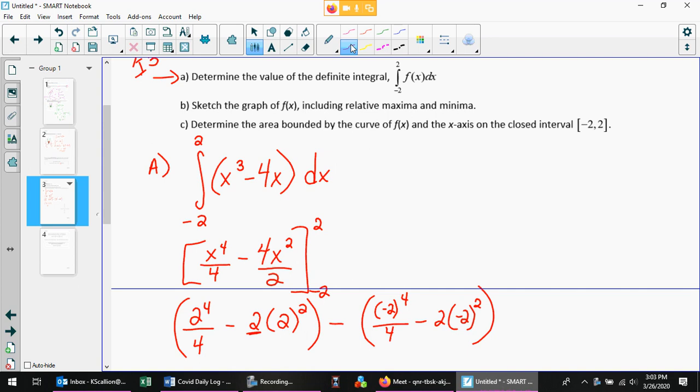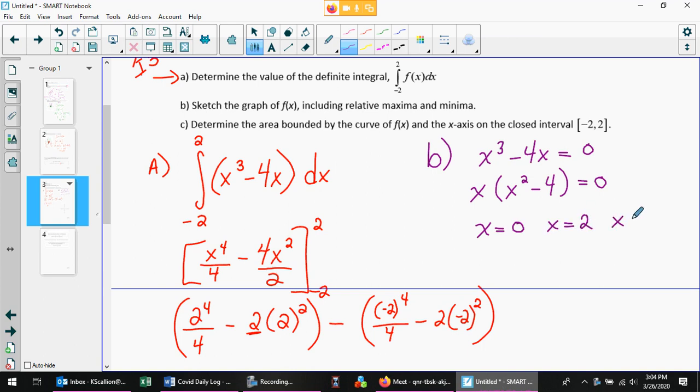Okay, so now let's do our x-intercepts. So part B, x-intercepts. Our graph was x cubed minus 4x equals 0. If I common factor out an x, I'm left with x squared minus 4. So I know I have x-intercepts at 0, 2, and negative 2, because that is a difference of squares.